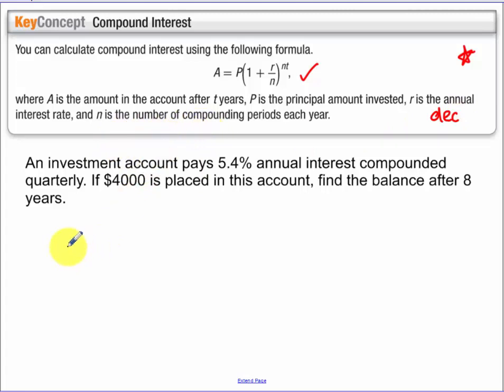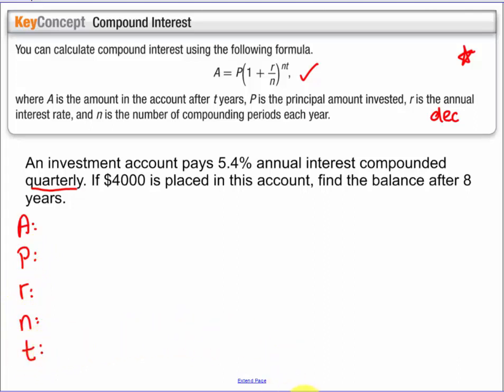So we have an investment account that pays 5% annual interest, compounded quarterly. 4,000 is placed in the account. Find the balance after 8 years. What I like to do in these problems is lay out what they're giving me.